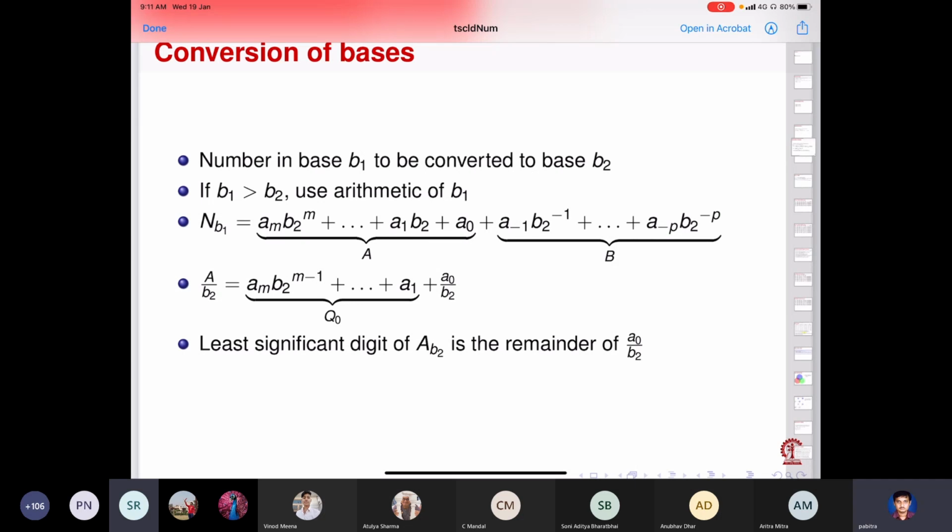Sir, A0 would always be less than B2. Yes, A0 will be less than B2. So, sir, how can a fraction be a remainder? Why is A0 always less than B2?